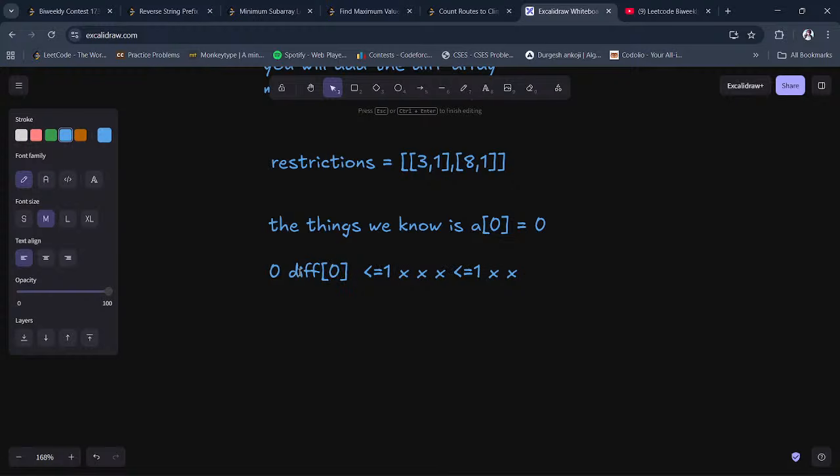Since the next value is the absolute difference, a of 2 is nothing but abs of a of 1 minus difference of 0. This is one of the possible ways, comma, a of 1 plus difference of 0.